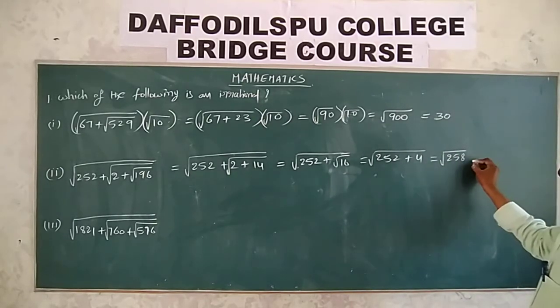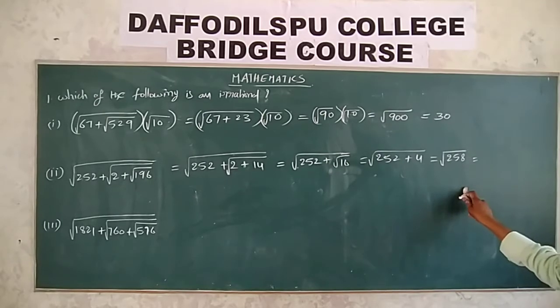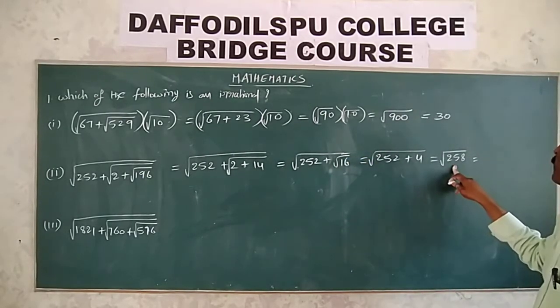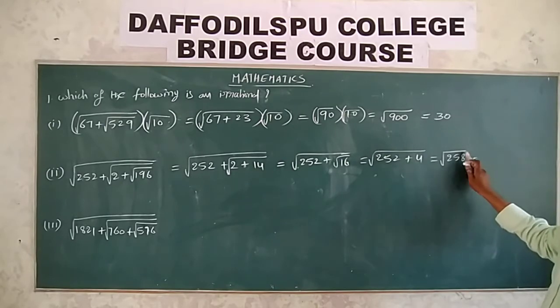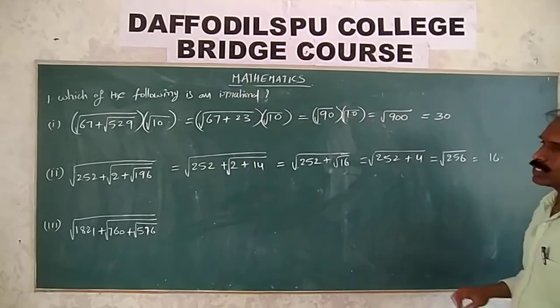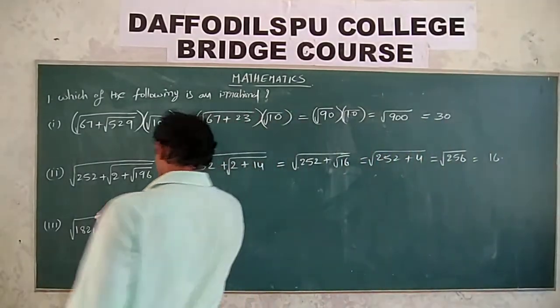What is the exact value of the square root of 258? Any possible number? 256. So this is 16. So this value is equal to 16.